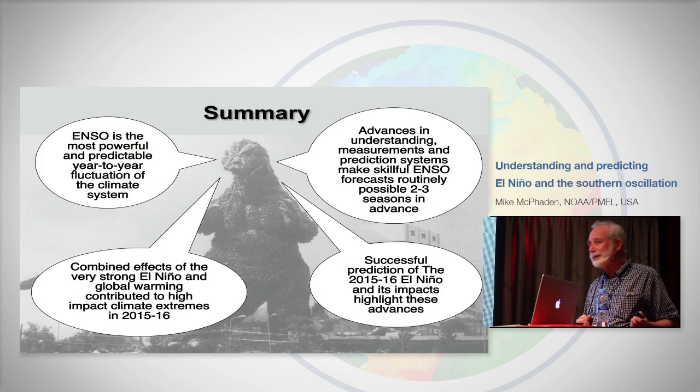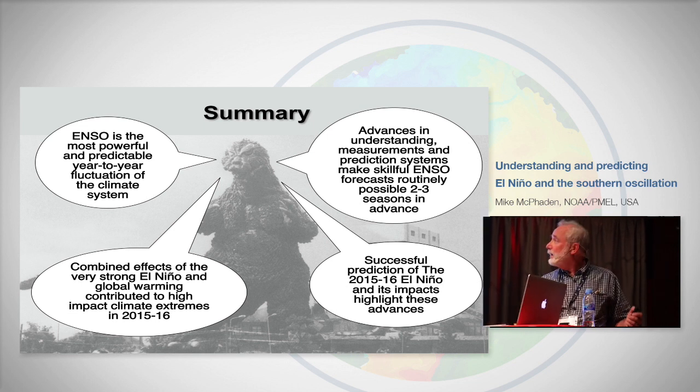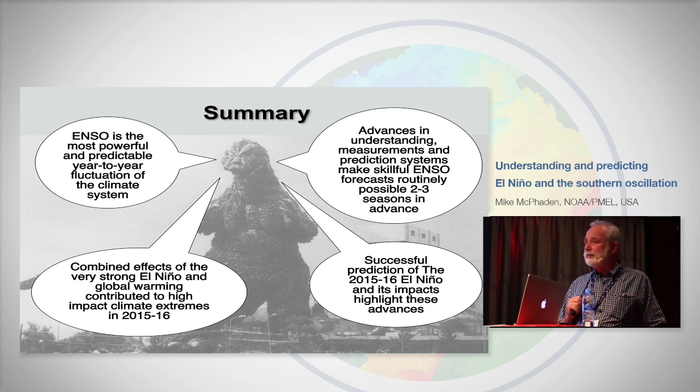So, to conclude, ENSO is the most powerful and predictable year-to-year climate fluctuation on the planet. Advances in understanding, measurements, and prediction systems make skillful ENSO forecasts possible routinely 2 to 3 seasons in advance.